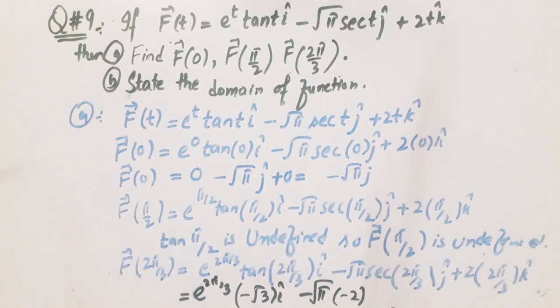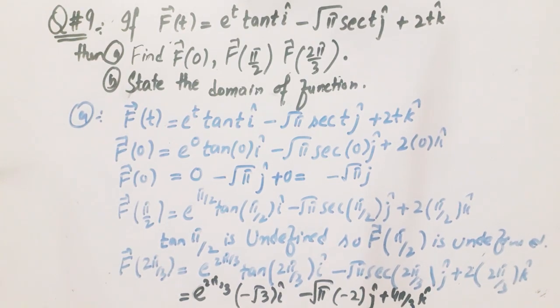So minus 2j, and then you have minus minus will become plus in the next step, then plus 4 pi by 3 k. So this is the final answer of this.